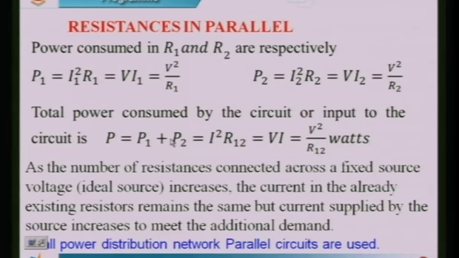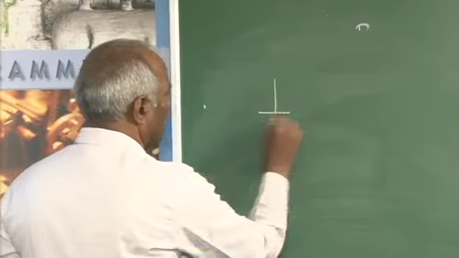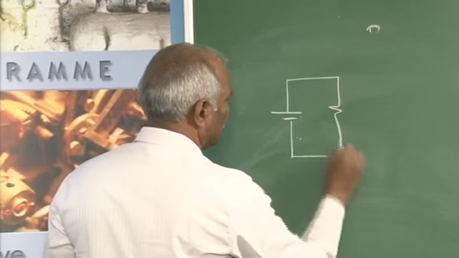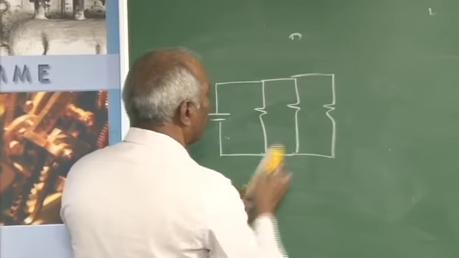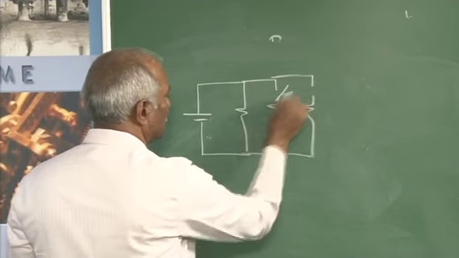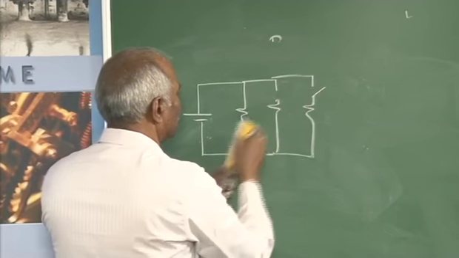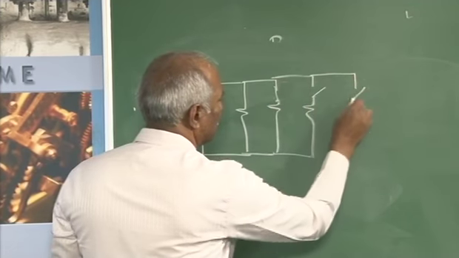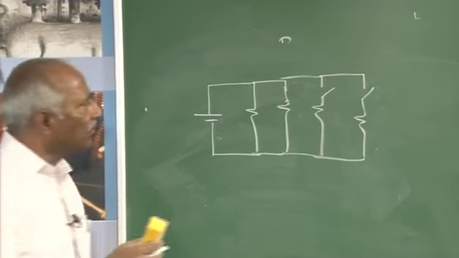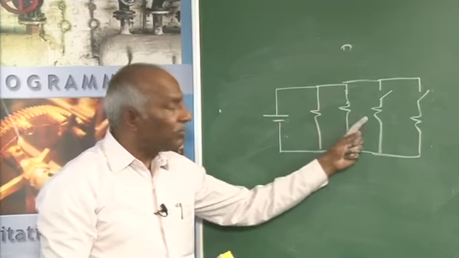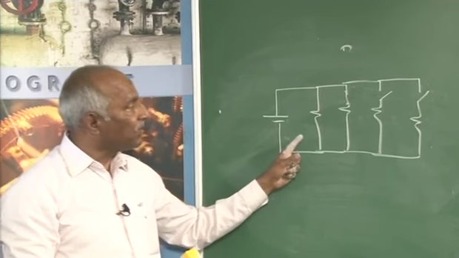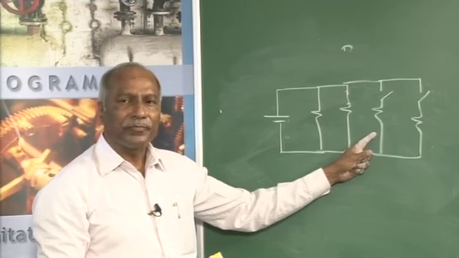As the number of circuits goes on increasing in parallel, the voltage across them in an ideal voltage source remains the same, but the current supplied goes on increasing.